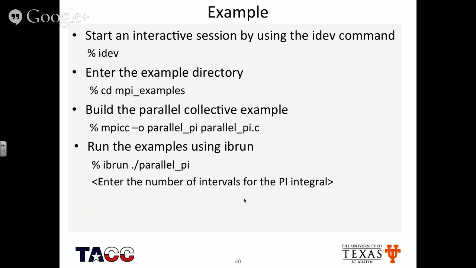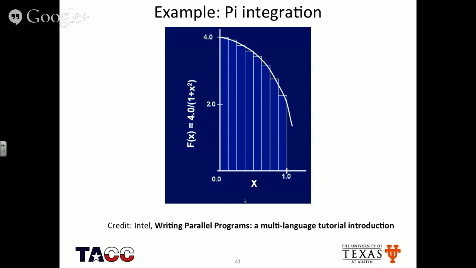Okay, so what you're doing here, there's this function that's an arctangent, and if you integrate it from 0 to 1, you get pi. So you're basically doing an integral, and the number is just the number of intervals. What's happening is you're decomposing these intervals over multiple tasks, so we're just doing Riemann sums.